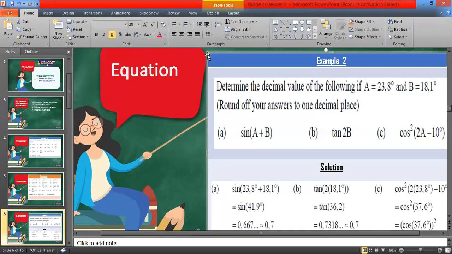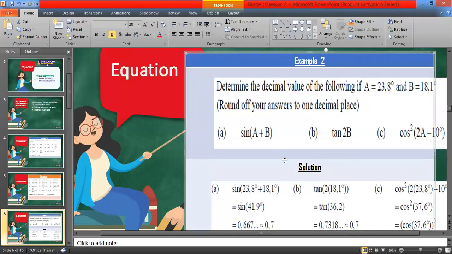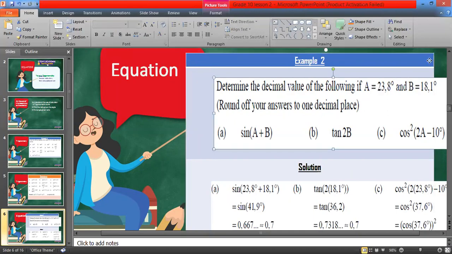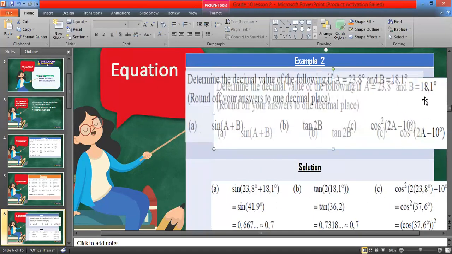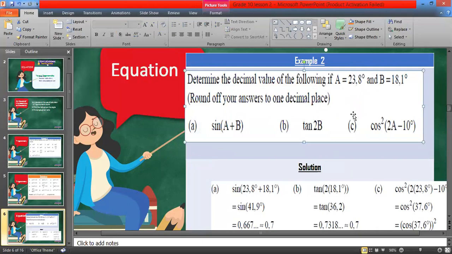And again, let's see again, we got to do cos squared of 2A minus 10. How do you do that?